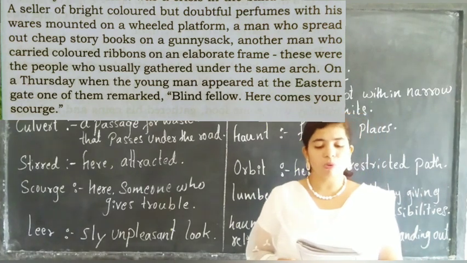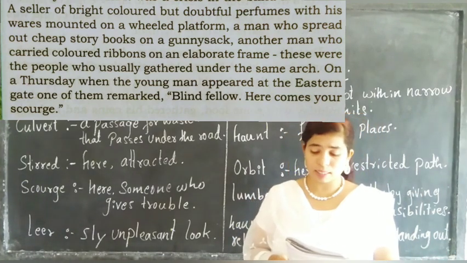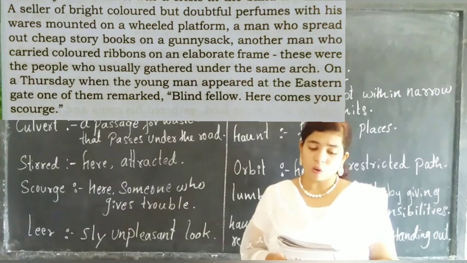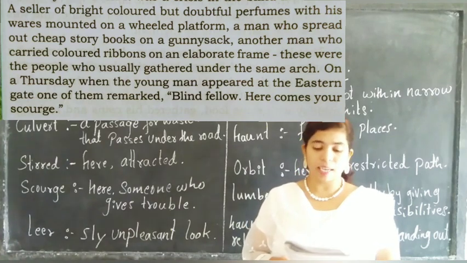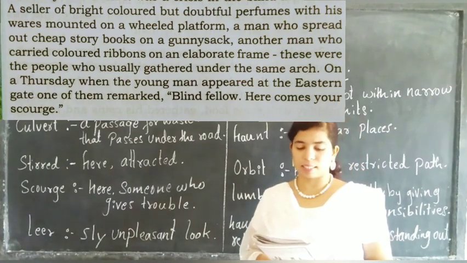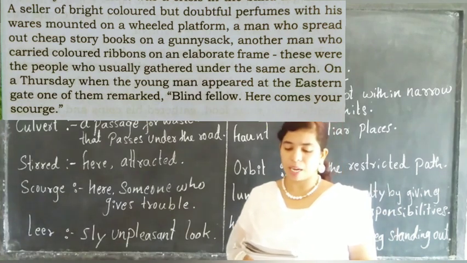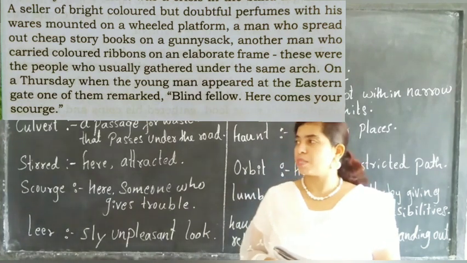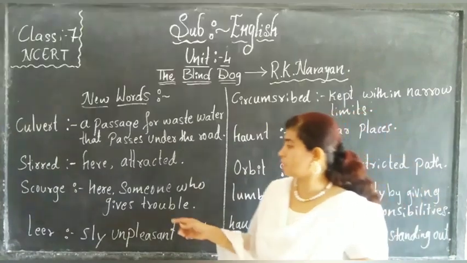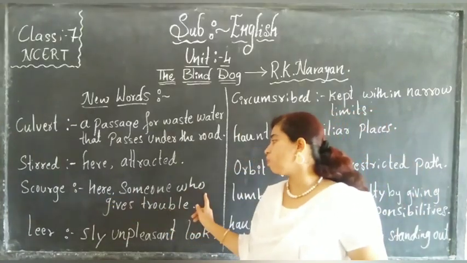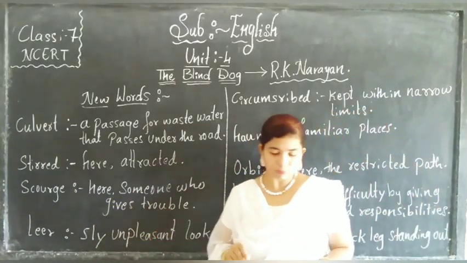These were the people who usually gathered under the same arch. On a Thursday, when the young man appeared at the eastern gate, one of them remarked, "Blind fellow, here comes your Scrooge." Scrooge in the sense of someone who gives trouble.